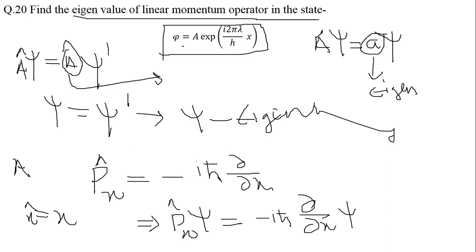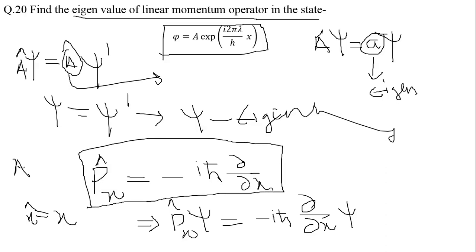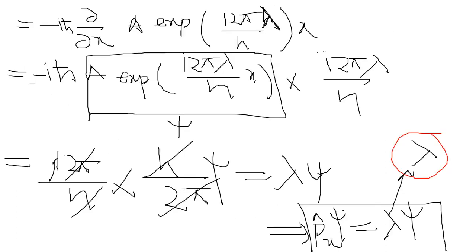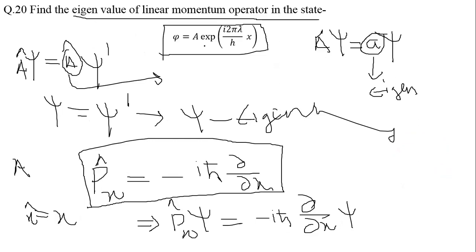So this is the state, and the linear momentum operator is minus i h cross del by del x. When you operate this, that is, when you take the derivative of this state with respect to x, we operate px cap on psi, that is minus i h cross del by del x of psi. When we take the derivative and do all the calculation, we see e to the power i 2 pi lambda by h into x. This is nothing but the wave function itself.